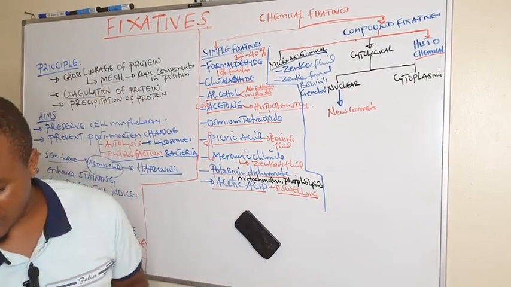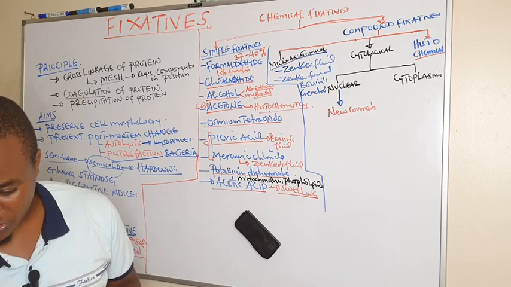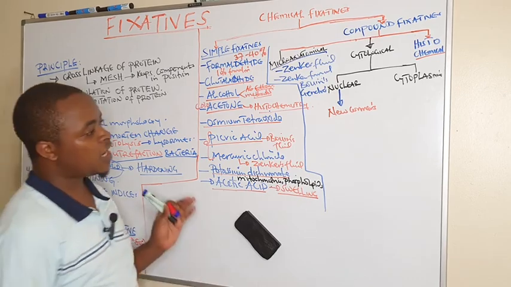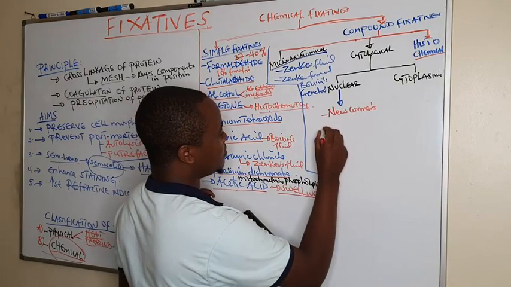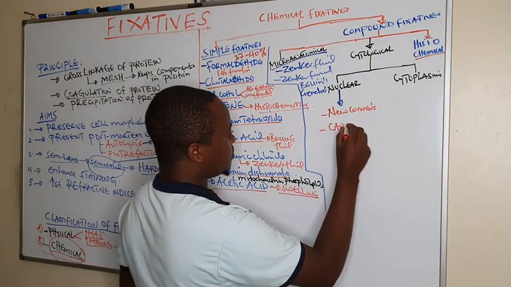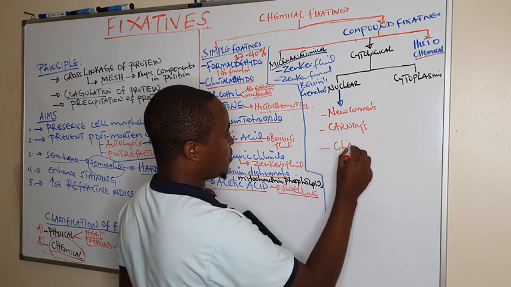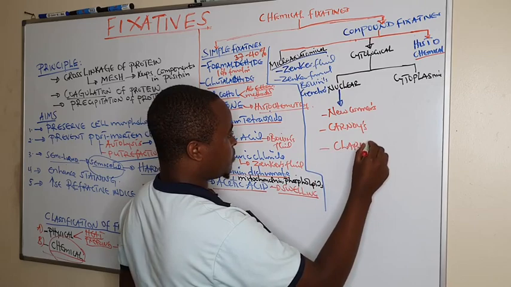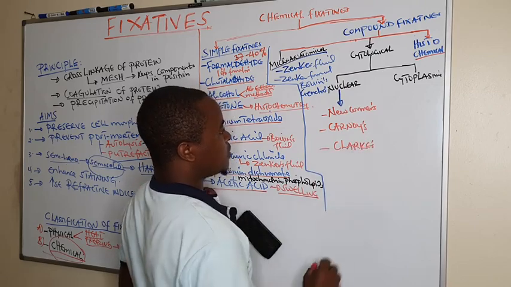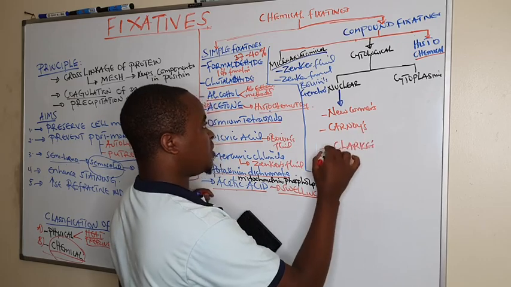Then others under nuclear, we shall see examples of Carnoy's fluid and Clarke's. So these are fluids which are found under nuclear.